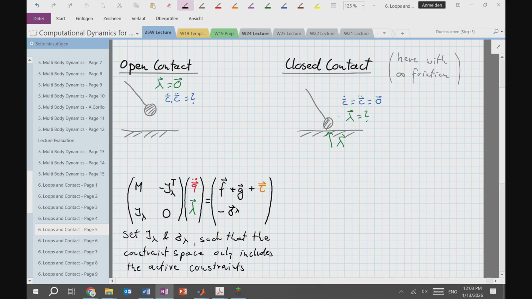And maybe I start with the transition from left to right. What would trigger this transition? When do I go from open contact to closed contact?